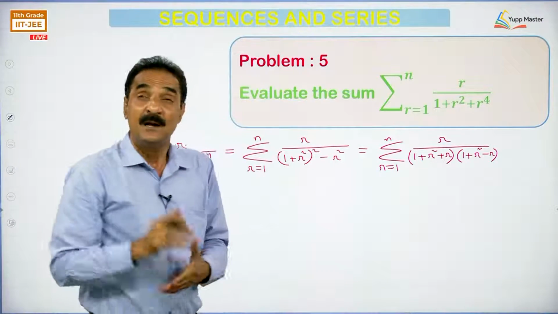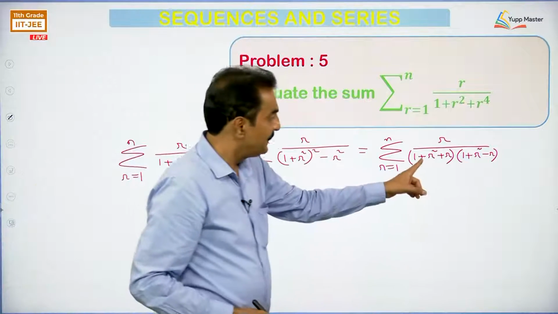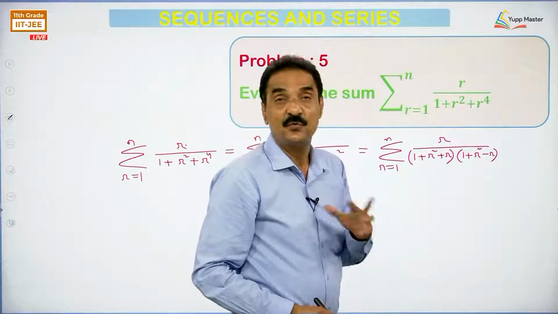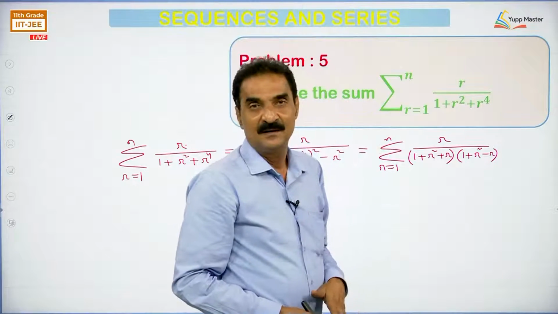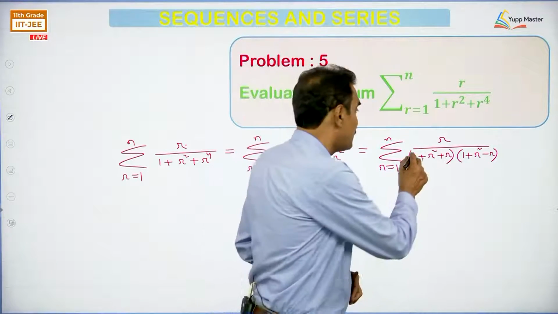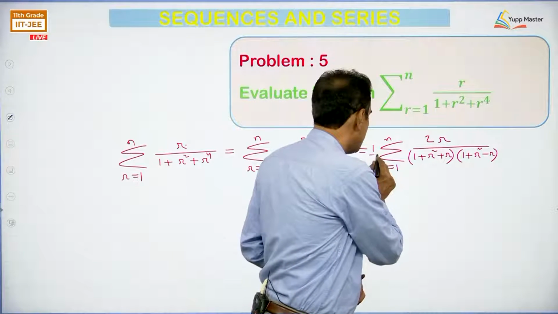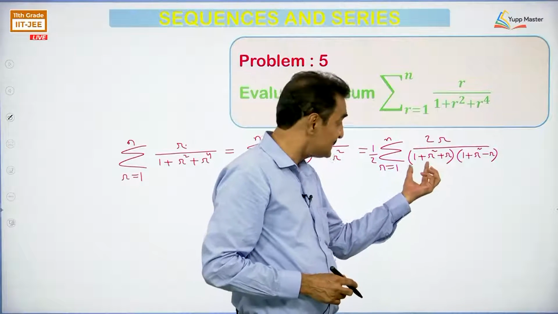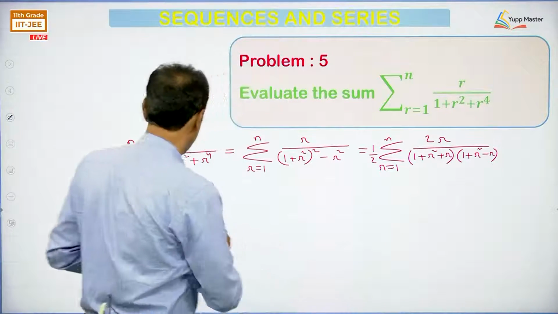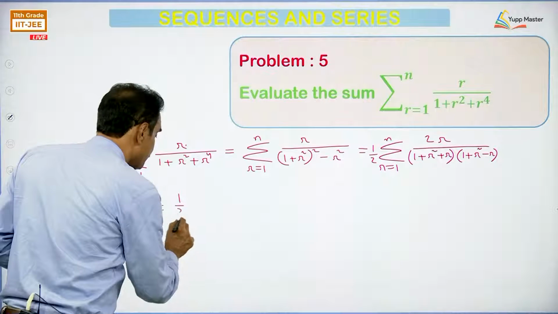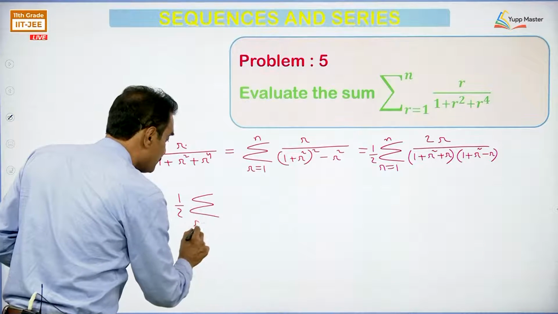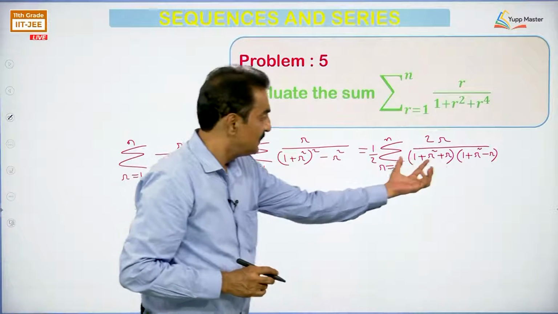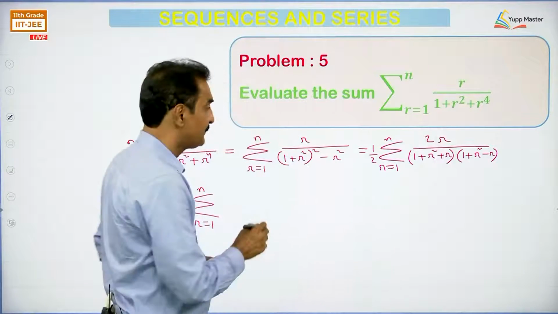Okay. Now you will get the clue. If you observe the difference of the factors of the denominator, this minus this is 2r, we have r. So, what we will do? We will multiply the numerator by 2 and here by 2. Now, we can write this 2r as the difference of these two factors. It is equal to half into sigma r varies from 1 to n, this minus this.